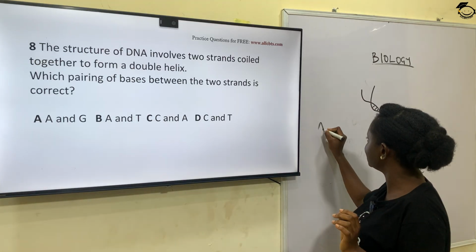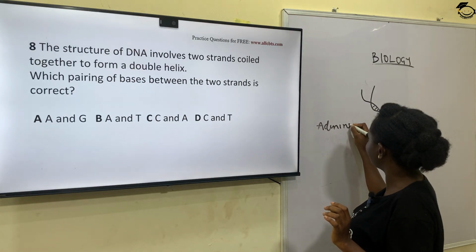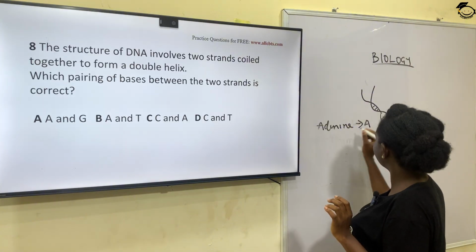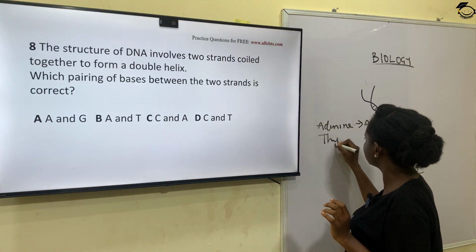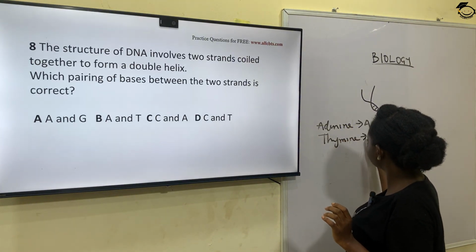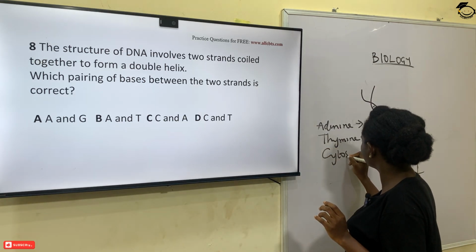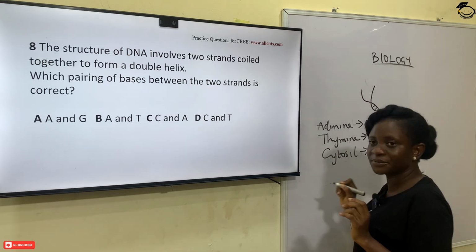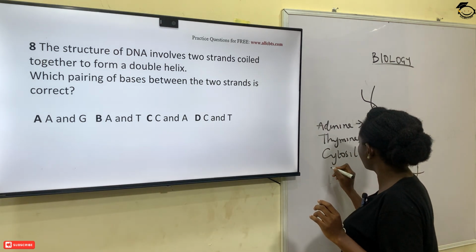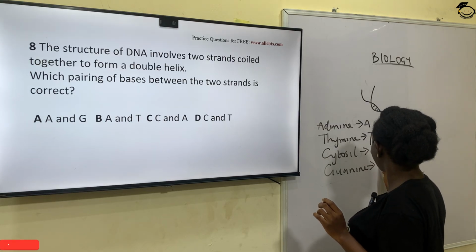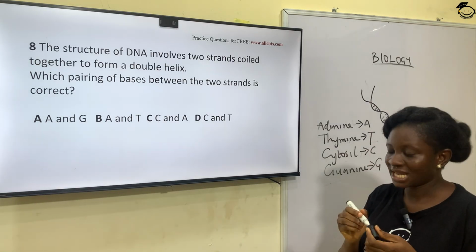We have adenine represented as A. We have thymine represented as T. We have cytosine represented as C. And we have guanine represented as G. So that is it.